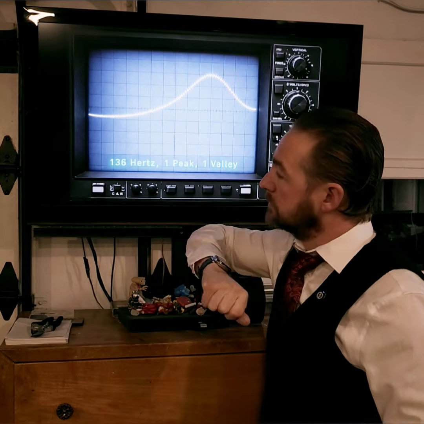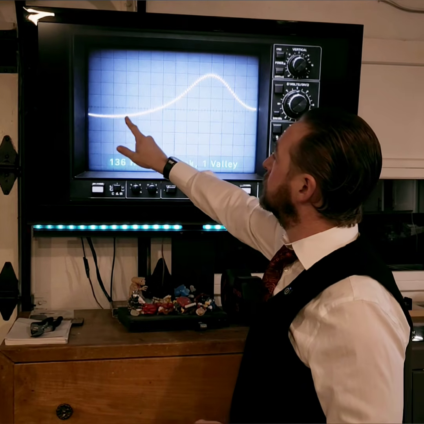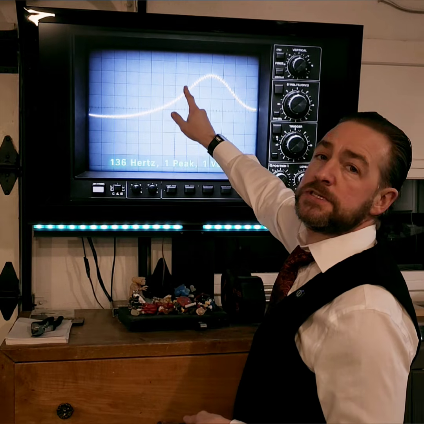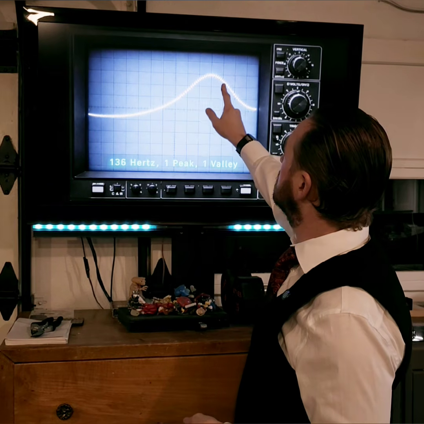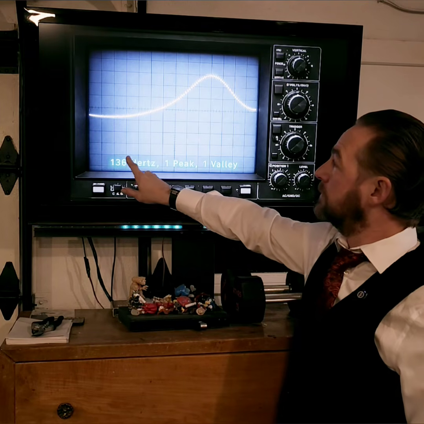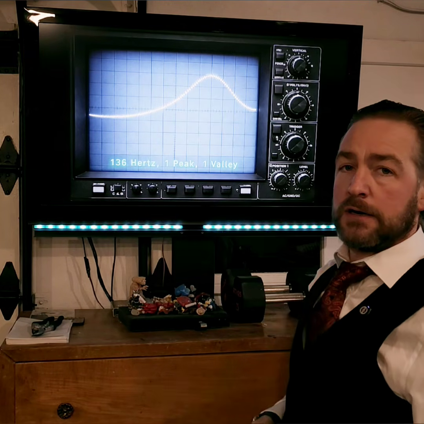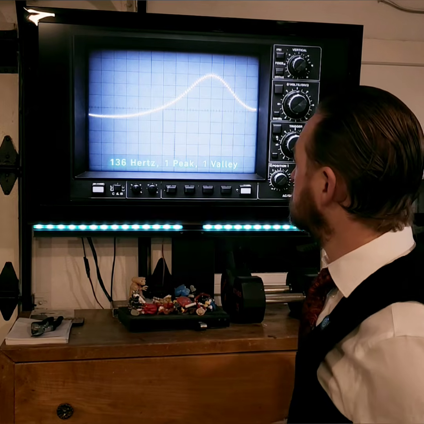But along this, you have 136 micro pulses. One peak, one valley, basically making 136 hertz. If anybody's paying attention, in my prior video, I talked about the law of the squares.